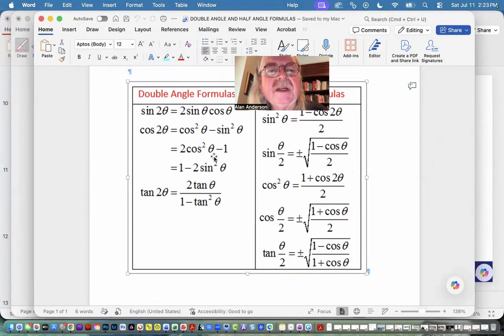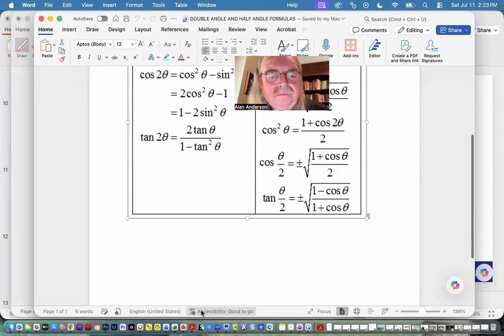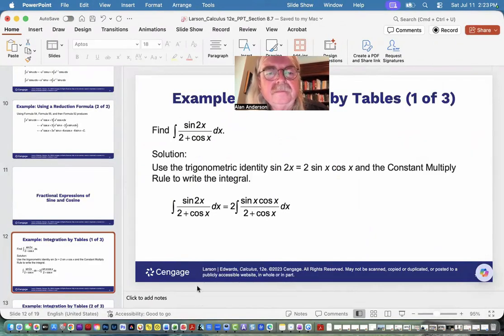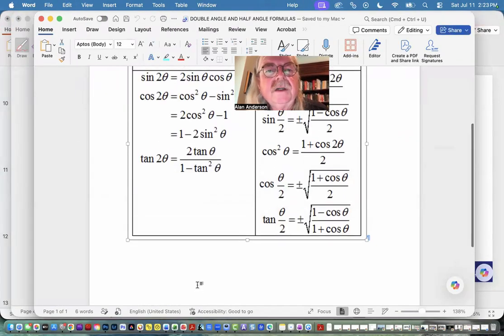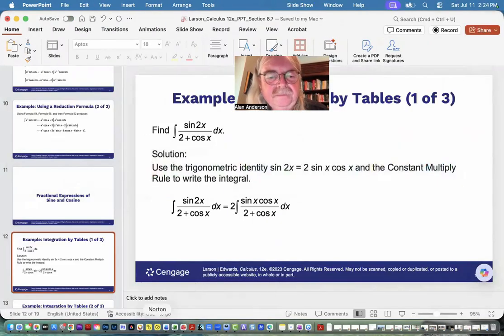In fact, we should probably copy that down right now. Sine 2x or 2 theta, whatever, would be 2 sine x cosine x.